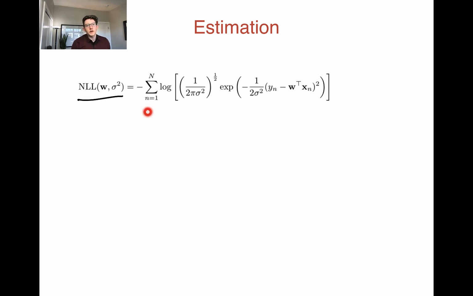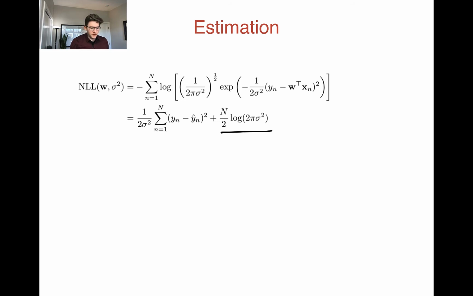So we have a sum over our examples, and this is the log of our normal distribution Gaussian density. We can simplify this a bit. Note that all these terms here don't depend on n, so we can pull them out into this term here. And so this simplifies down to just this term here.